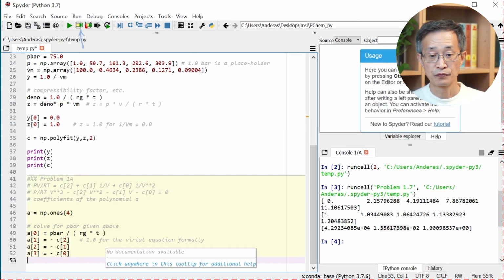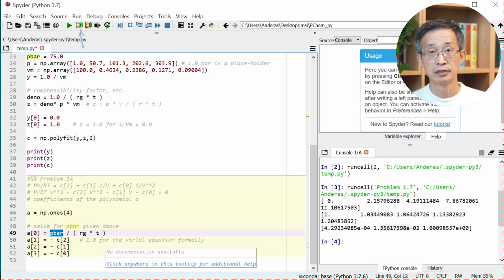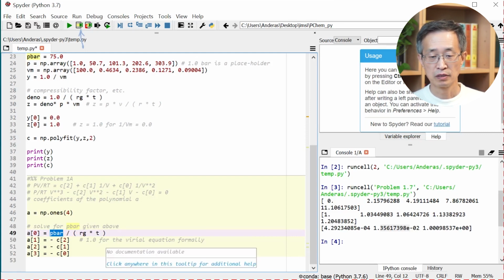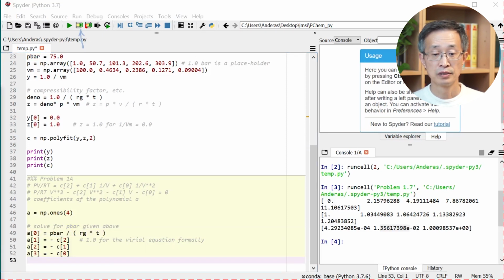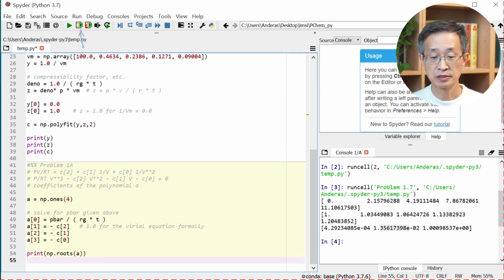A0, the first, is P bar over RT, where P bar is given in the problem, like 75 in this case, which was set up there. A1 is minus C2, A2 is minus C1, A3 is minus C0. Given the coefficients, we solve the problem by just calling np.roots, and then it prints the result.